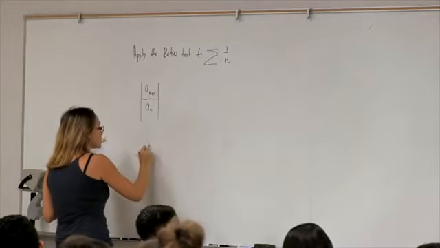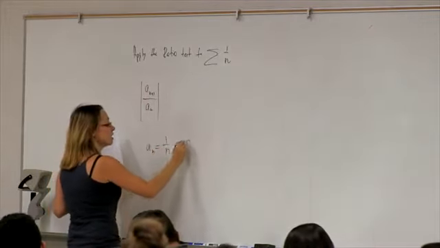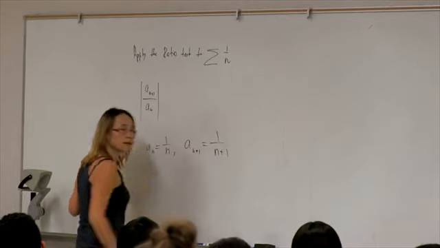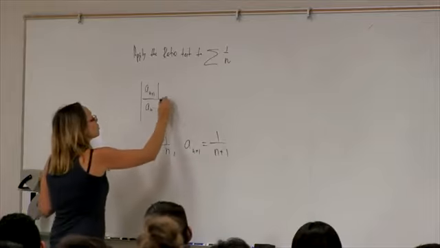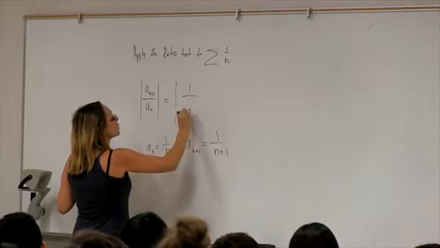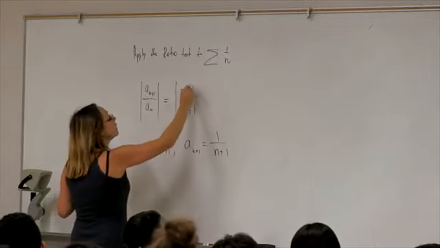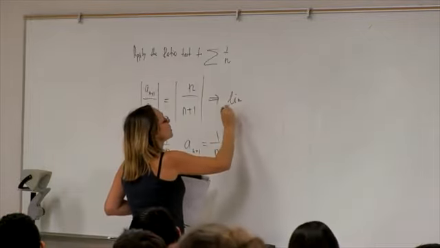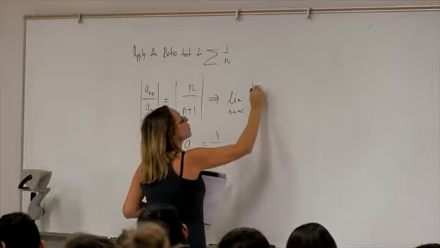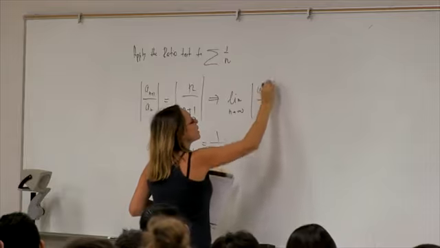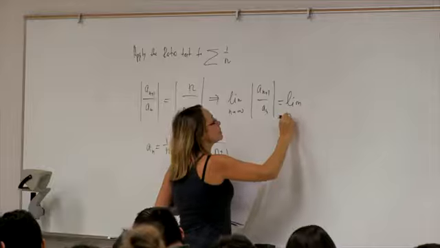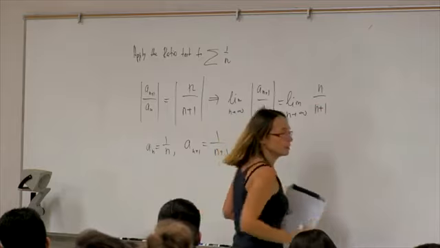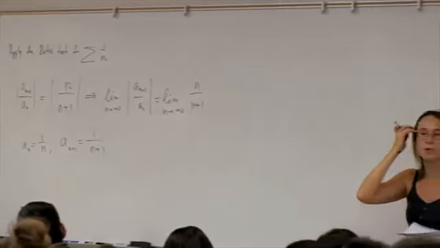Let's do it step by step. What is a_n? That's 1 over n, right? For a_{n+1}, we replace n with n+1. So we have 1 over n+1 divided by a_n. So the limit as n goes to infinity of a_{n+1} over a_n is the limit of n over n+1. I can forget the absolute values because everything is positive here.